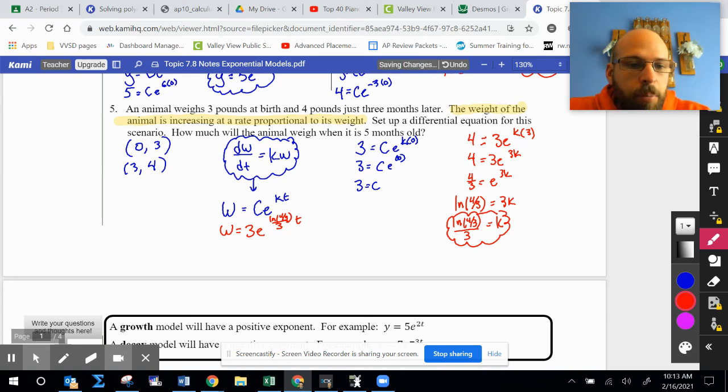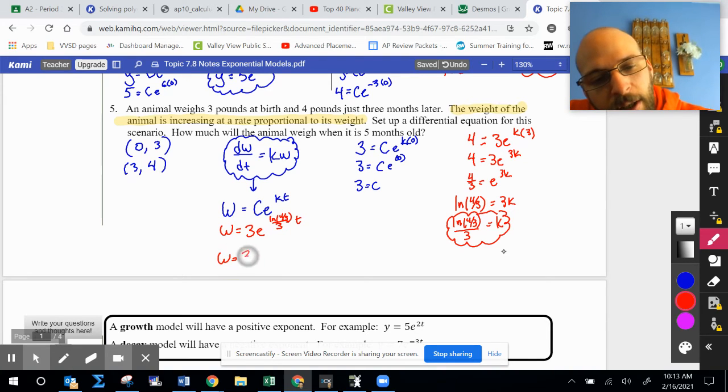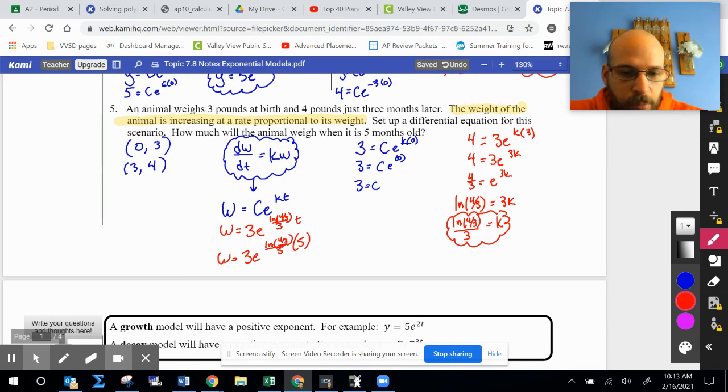But I can now plug in a 5 into that, and it will give me the weight that I'm looking for, ln of 4/3 all over 3 times 5, and that's all in the exponent, and that will equal my weight, okay? So the highlighted section at the top tells you you can use exponential growth or exponential decay. That tells you that we can set it up using that exponential model.